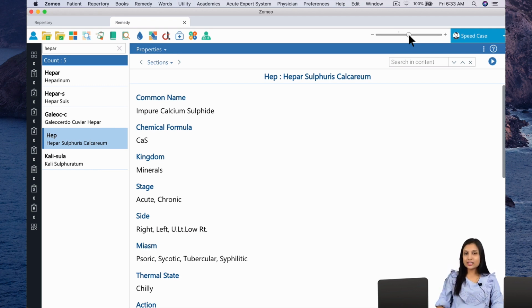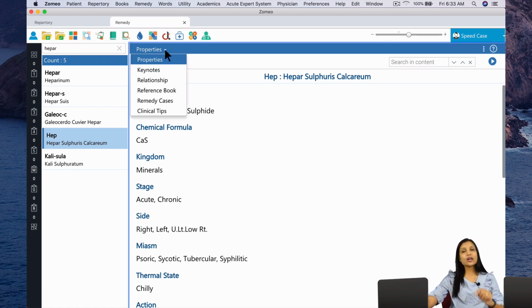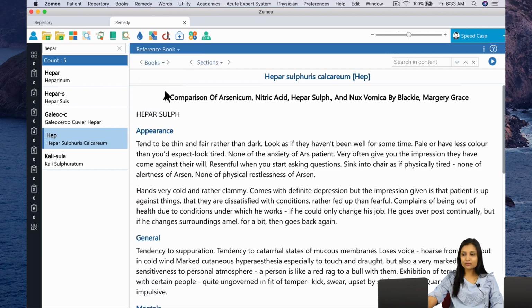Now to access this book, click on the drop-down arrow represented next to the word Properties on the blue taskbar. Since we are looking for a particular reference book for Hepar Sulph, we will click on Reference Book. Now the first book that opens in alphabetical order is A Comparison of Arsenic, Nitric Acid, Hepar Sulph and Nux Vomica by Marjorie Blackie.